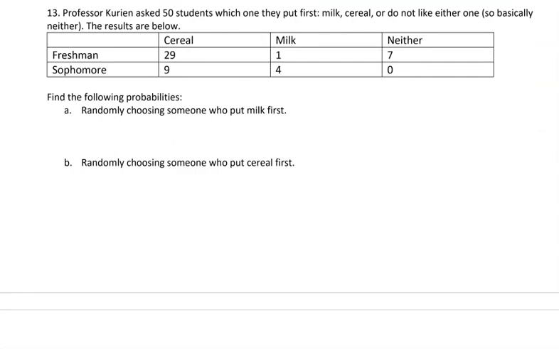All right, Professor Curian asked 50 students which one they would put first: milk, cereal, or do not like either one. The results are below.